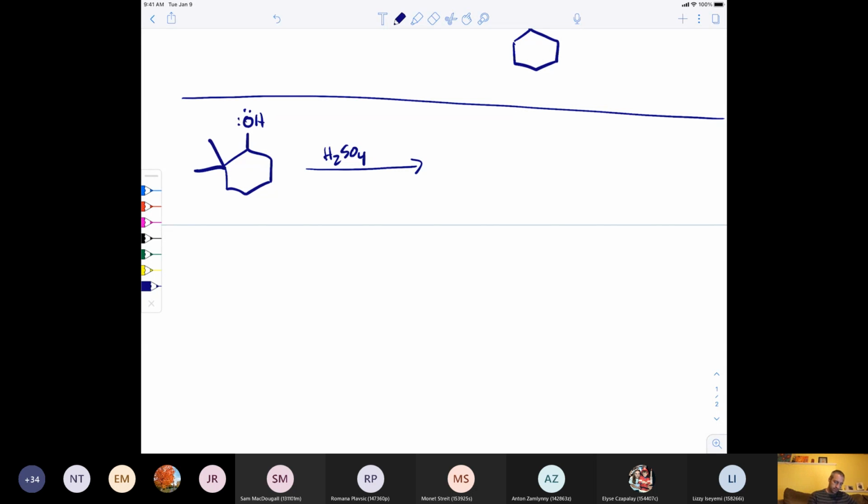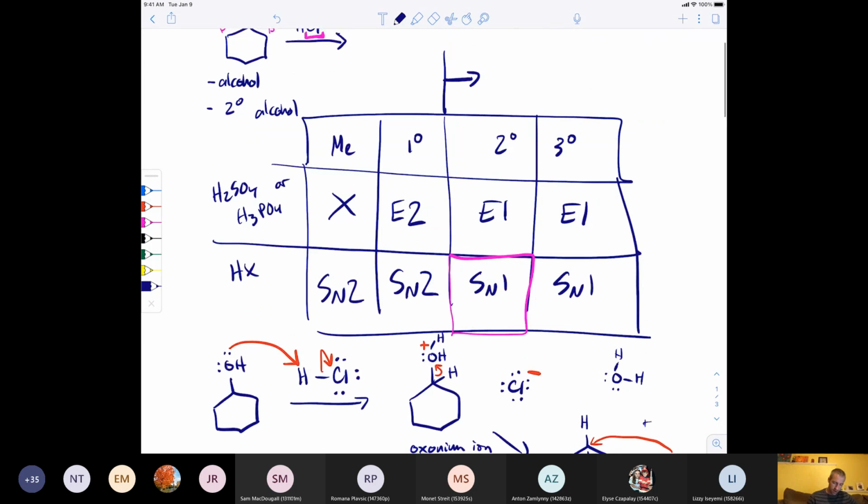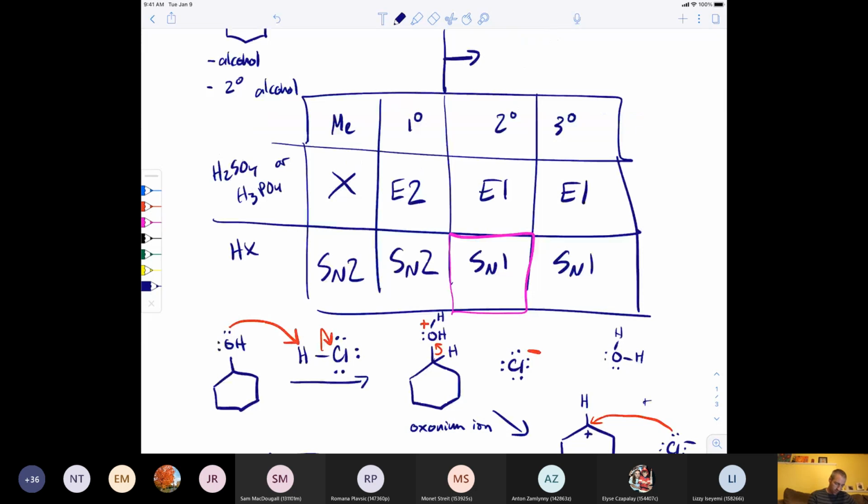So this is again a secondary alcohol. Again, we have a strong acid, but in this case it's sulfuric, and sulfuric will do an E1 under these conditions. And if you go back to our little chart up here, we're going to be in this block, secondary with H2SO4. So E1 is going to be the main mechanism here.